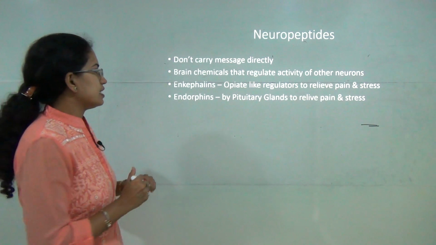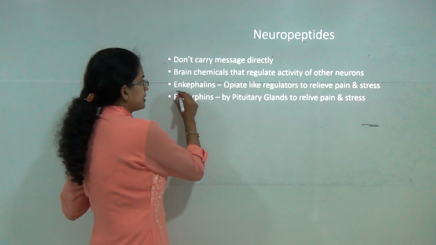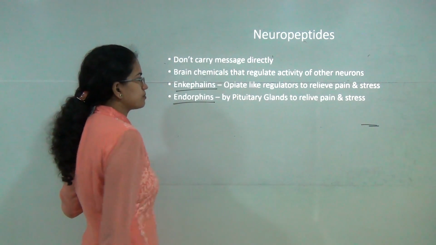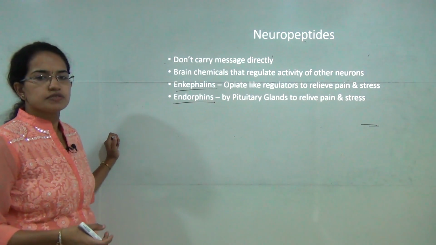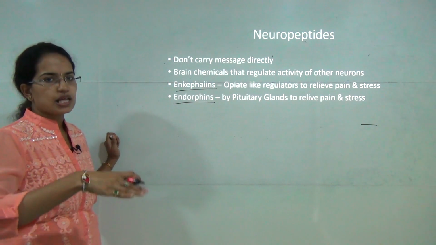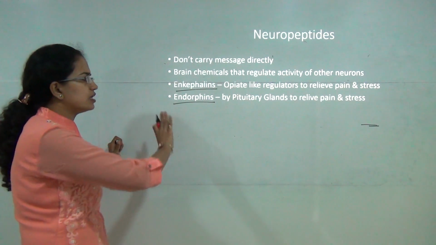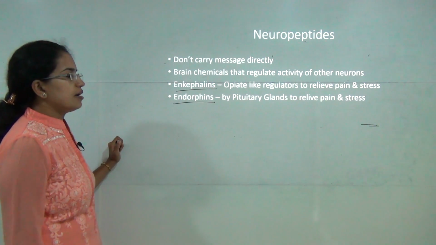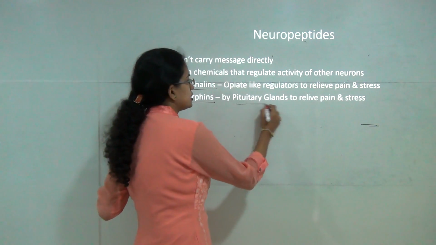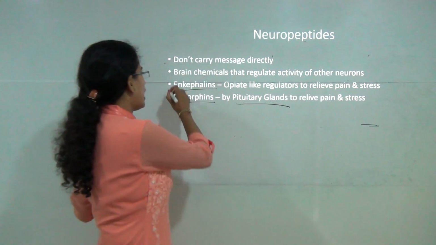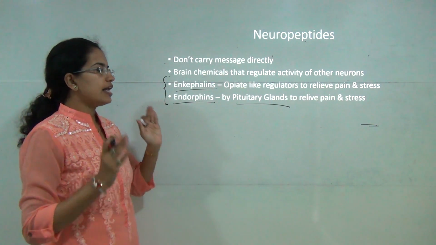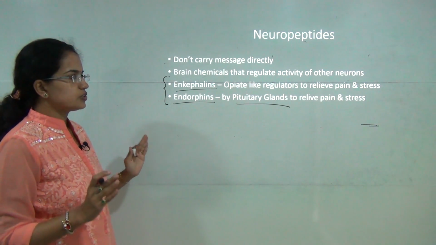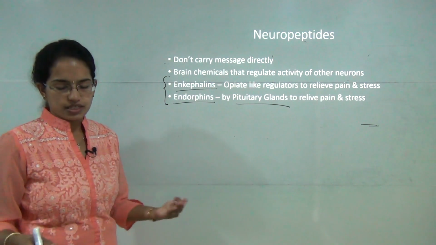They are basically in two forms, enkephalins and endorphins. Enkephalins are opiate-like regulators which tend to decrease the pain and the stress level, and similar work is done by endorphin, but endorphin is released by the pituitary gland. So you have these two as the major components of neuropeptides, and the major function of neuropeptides is to regulate the activity of other neurons.